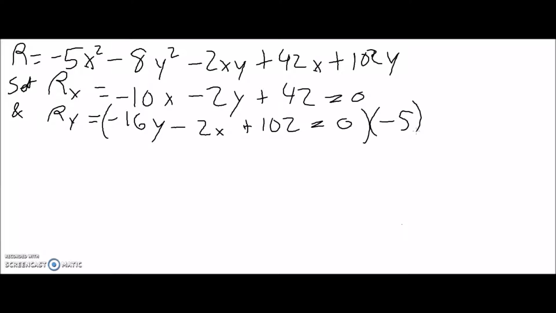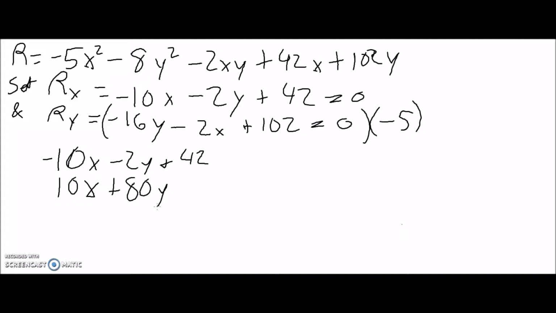Bringing down our first equation, R sub x, to cancel it, negative 5 times negative 2x is a positive 10x, then the y gives a positive 80y, minus 510.